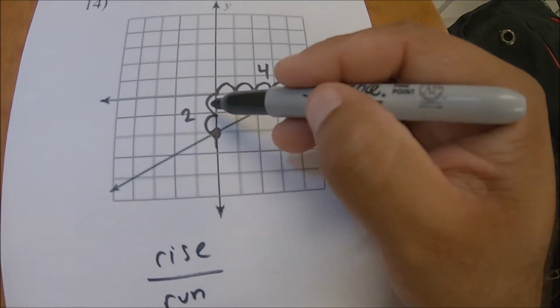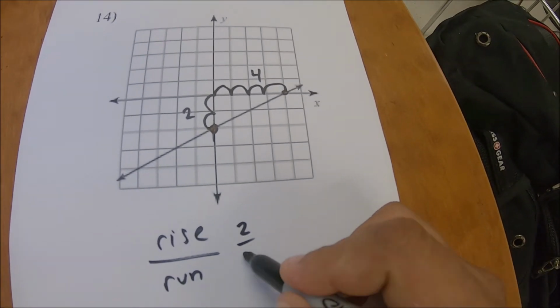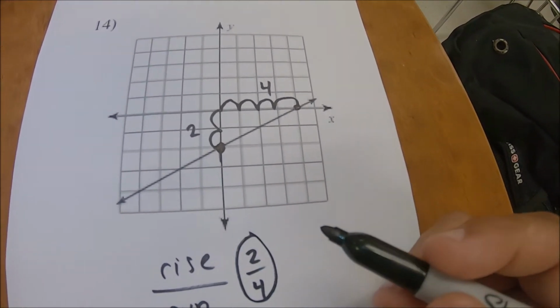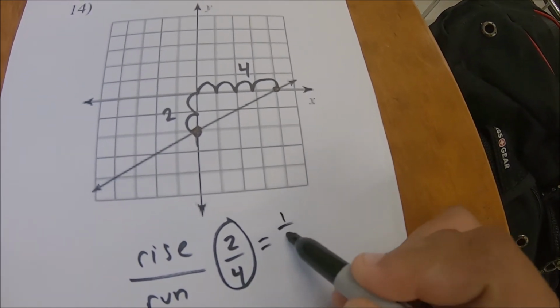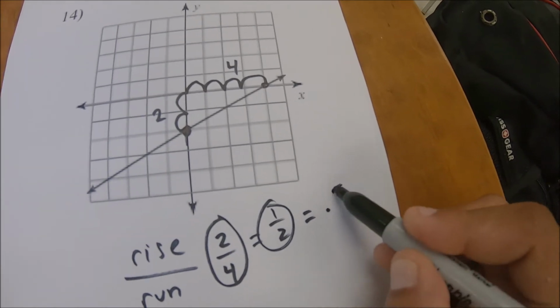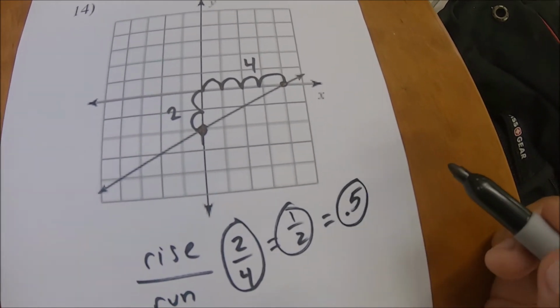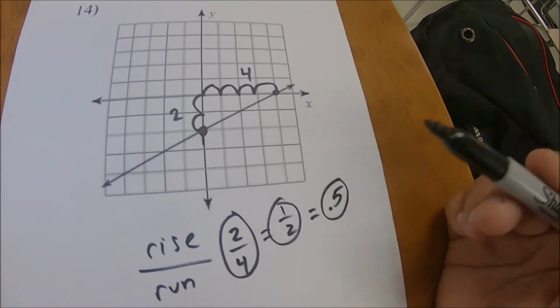So I take my rise of 2, my run of 4, and notice that it created a fraction, 2 over 4. Now, 2 over 4 can be reduced to 1/2, and we can also get its decimal equivalent and call it 0.5. Now, what if I wouldn't have picked these points? Do you think that my slope would have changed?